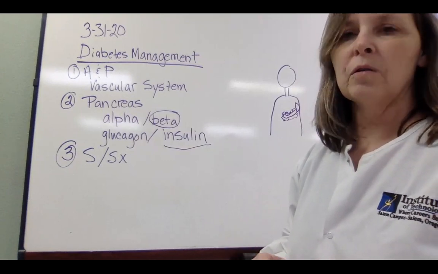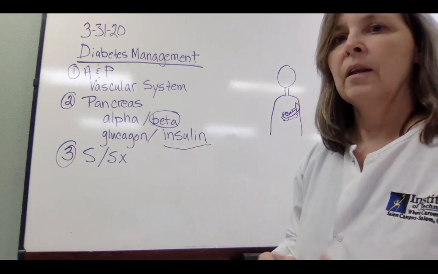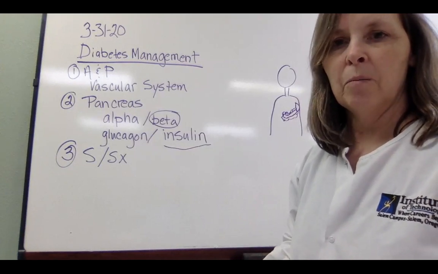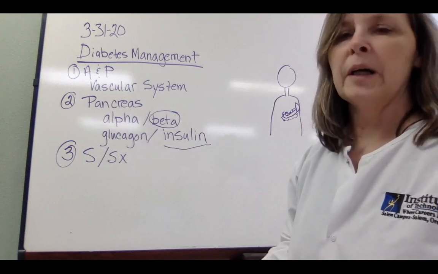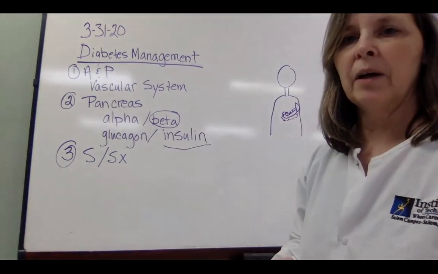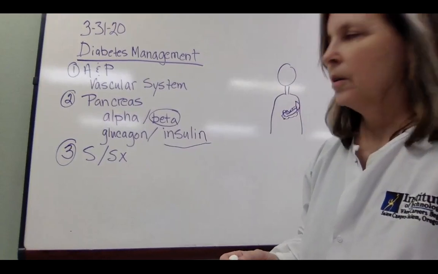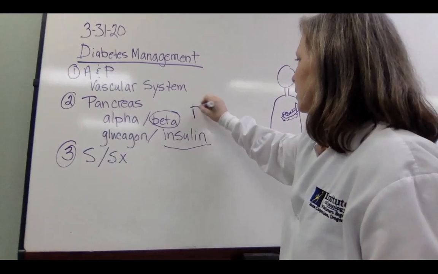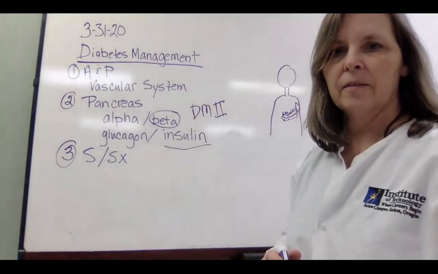And so glucose levels start to go up after a while, and then people's A1C goes up, and then we become diabetic or pre-diabetic. So it has to do with the function of the pancreas and the intake of your carb levels. So diabetes type 2 is kind of what we're talking about today.